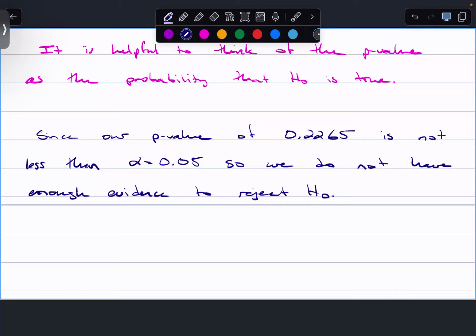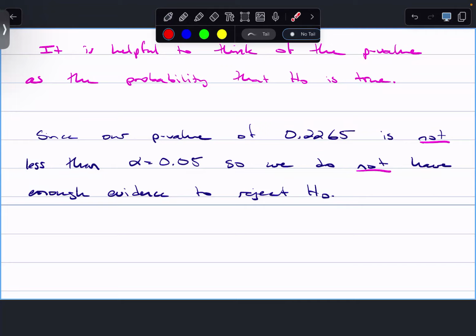This is the same setup that we were using before, right? We say what our p-value is, how it compares to 0.05, and then what you do with your H naught. You either have enough evidence to reject it or you do not. In this case, it's not less than 0.05, so we do not have enough evidence to reject H naught. What does that mean in terms of the question?